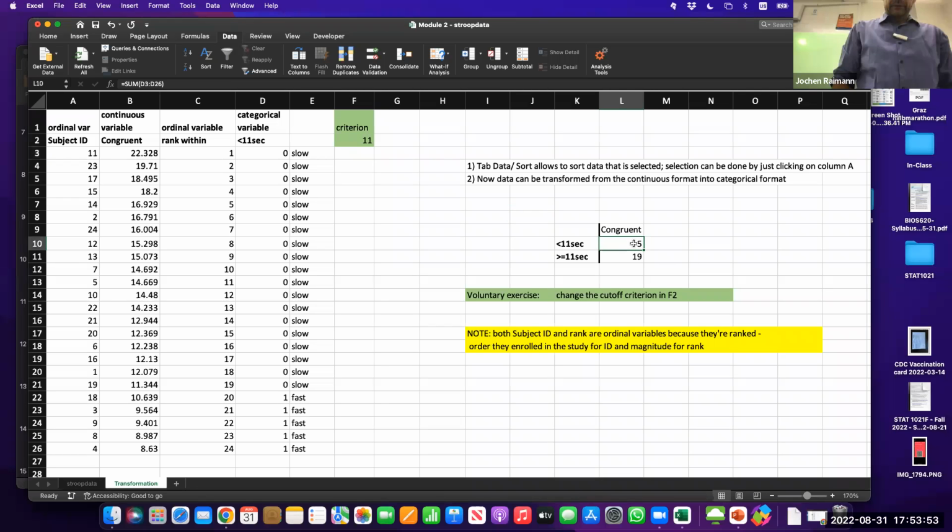What you will also need to do, and that's the beauty of it, and we're getting to that next class, not Monday, Wednesday, since Labor Day there's no class, is count the number of entrants where it was smaller than 11 seconds. You can do that by using the sum function.